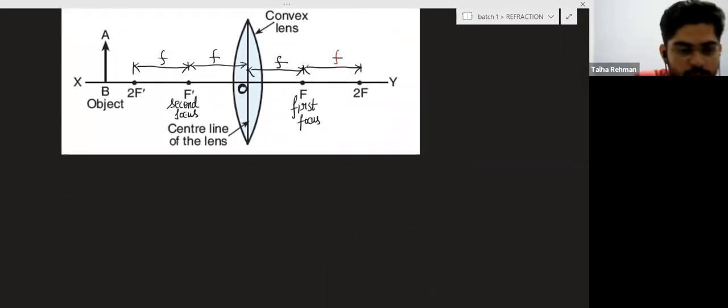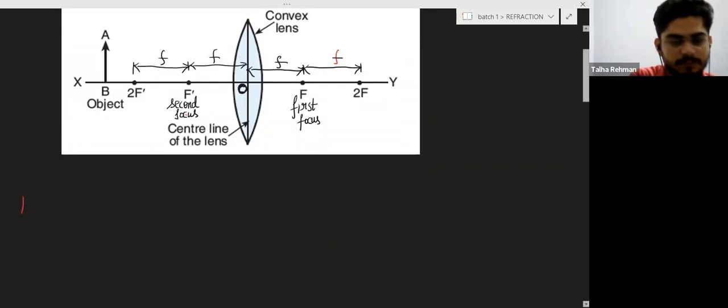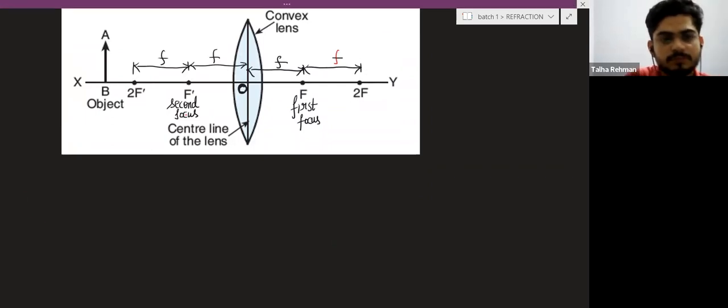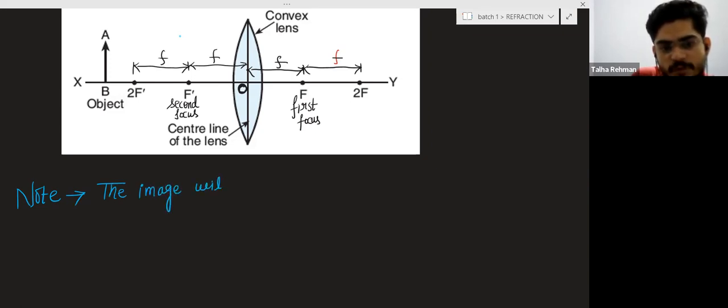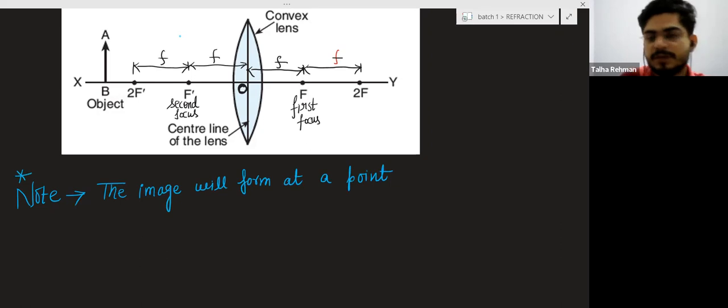Now there is one note point. The image will form at a point. This point is important, so I am giving it a star.